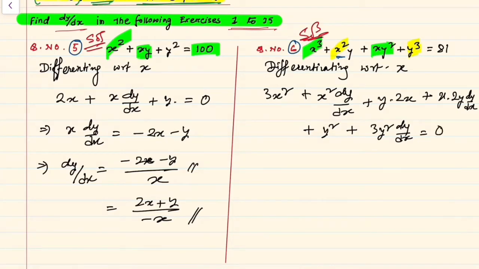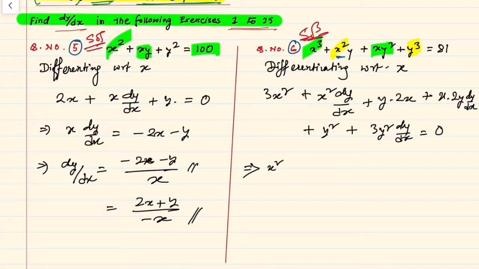The derivative of a constant is 0, isn't it? Hope you have understood this. Now collect all the terms containing dy by dx on one side of the equal sign, and the remaining terms on the other side. Then what will happen? x square.